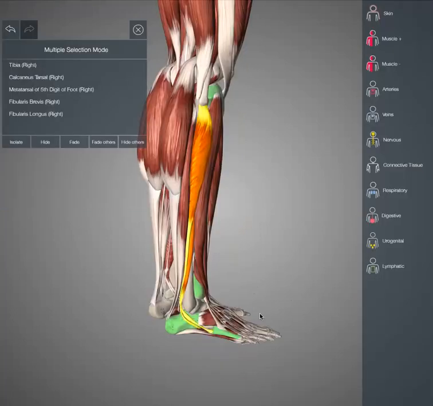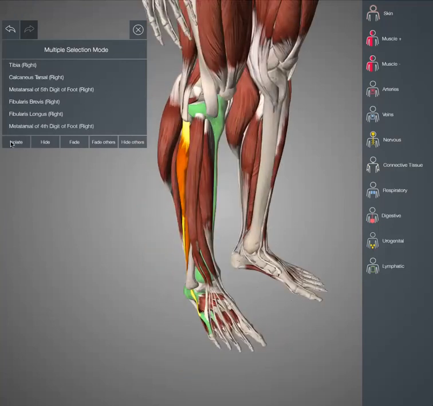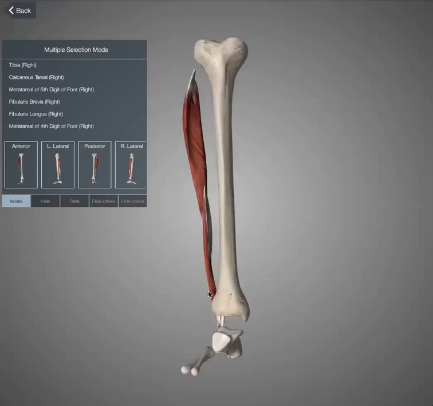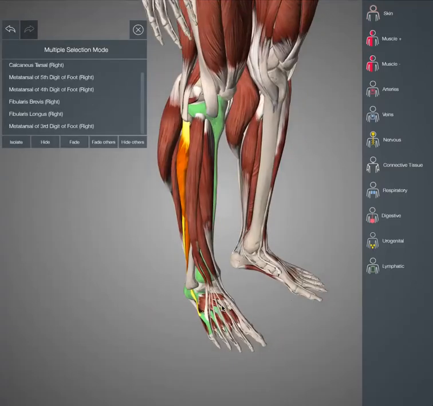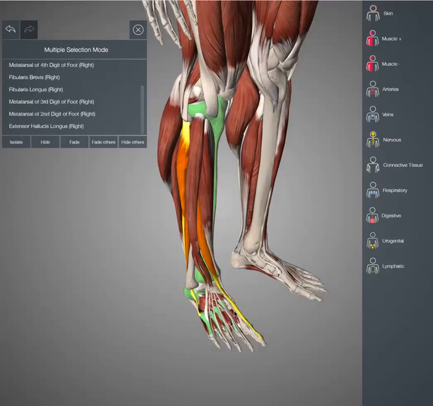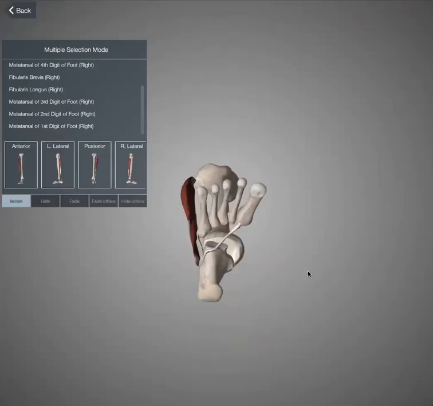It's actually deeper than that. We can see now where it attaches.